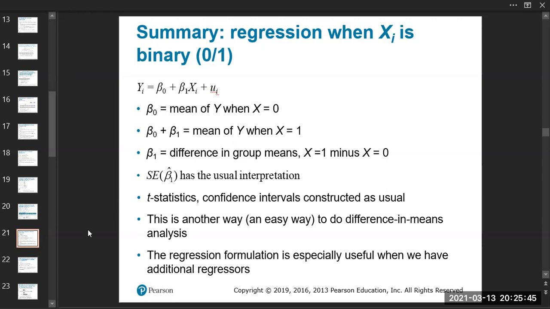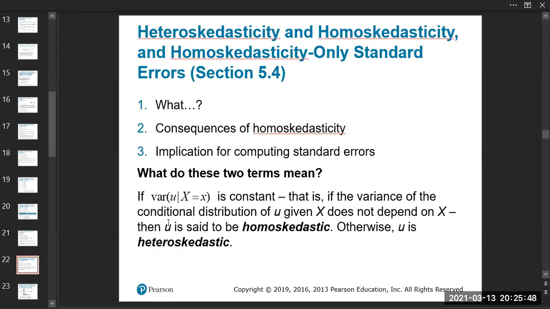Okay, so lastly, I'm just gonna quickly introduce you what heteroskedasticity and homoskedasticity mean. Okay, these two super long, weird words can only be seen in econometrics textbooks. Okay, you probably will never see it in the rest of your life if you don't do anything related to econometrics.